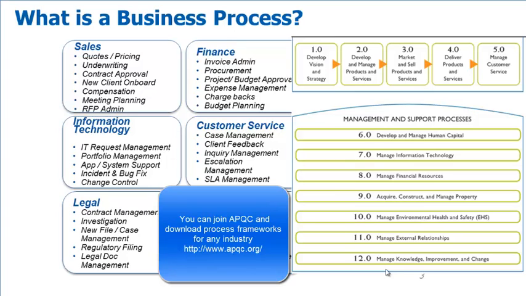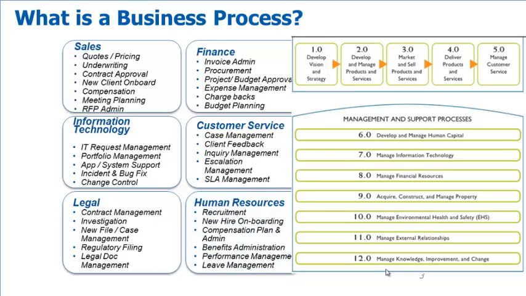So you can go to their website, become a member, and download these documents, and they're in the structure that you see on the screen. They define the major categories of process. For example, develop and manage human capital, pretty much known as HR or human resource processes.